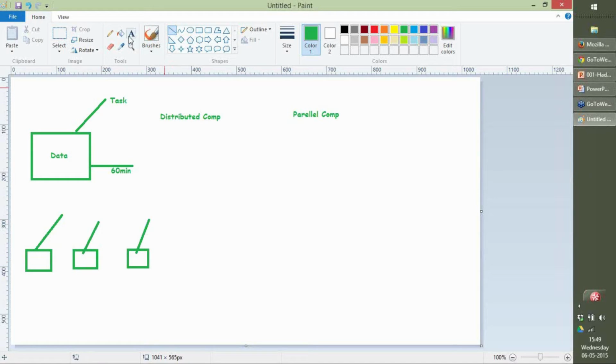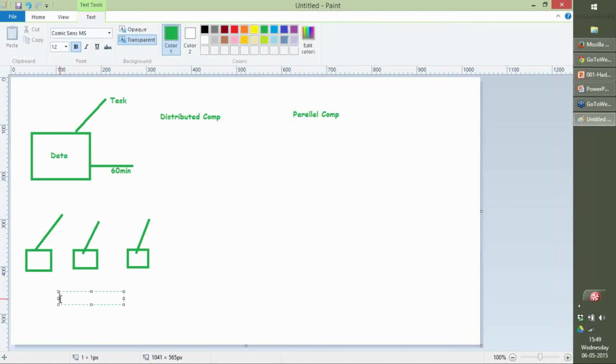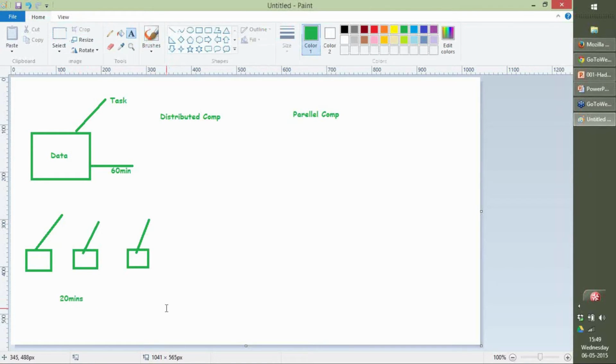In this case, within how much time can I complete the job? Within 20 minutes. So by dividing my data into pieces and executing the task in parallel, I can complete it in 1/3 of the time. If I divide my data into 60 parts, within how much time can I complete it? In 1 minute. So that is what these two concepts talk about.